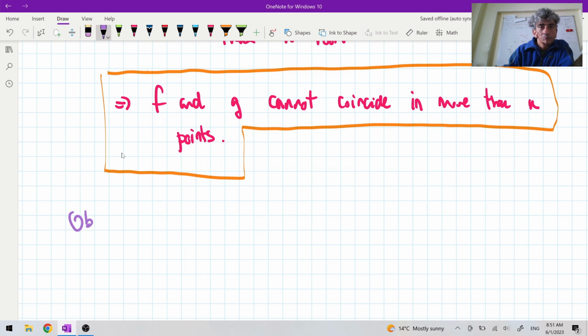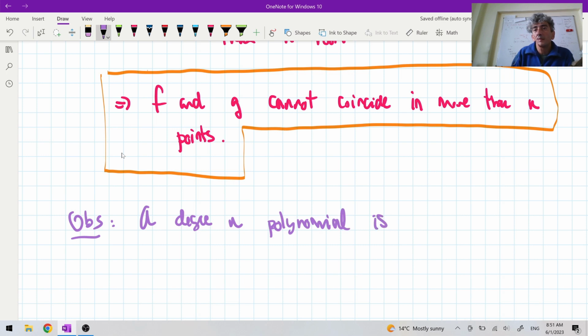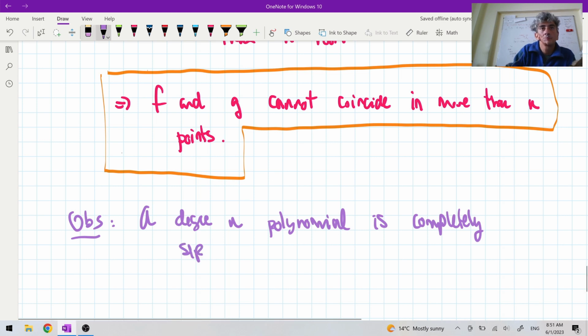Observation: if we cannot tell apart two polynomials coinciding in more than n points, then this means that a degree n polynomial is completely specified.